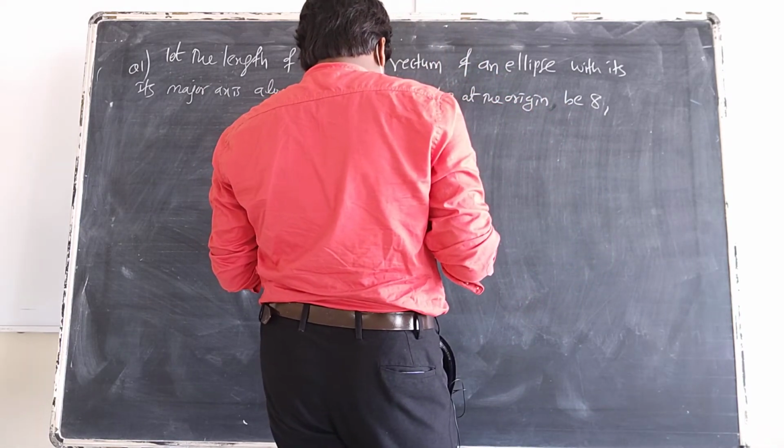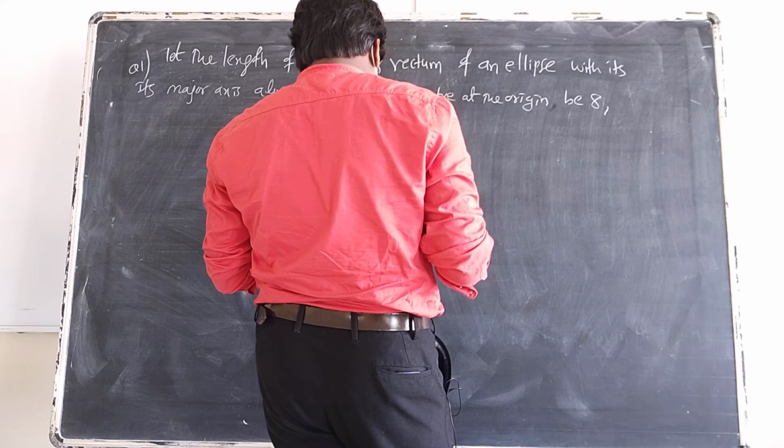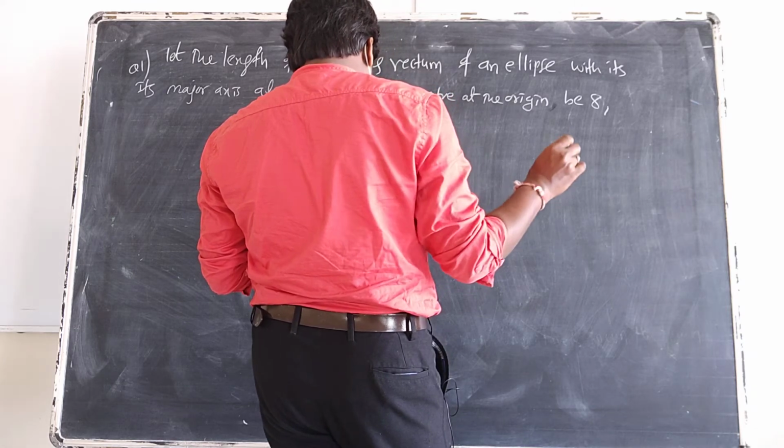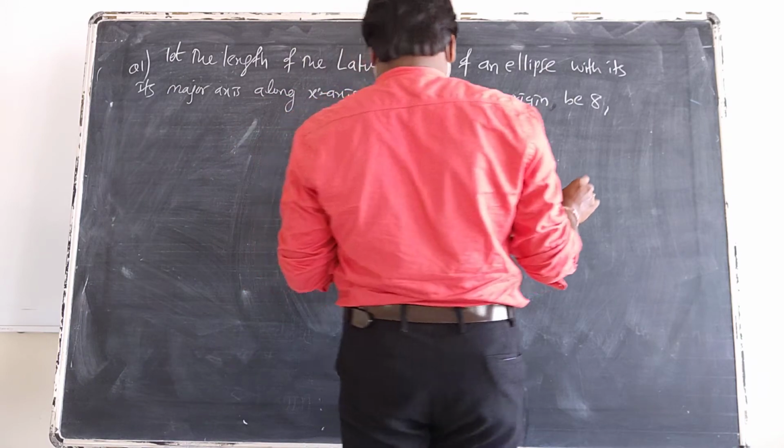Let the length of the latus rectum of an ellipse with the major axis along the x-axis and center at the origin be 8, which means the length of the latus rectum is 8, they have given.